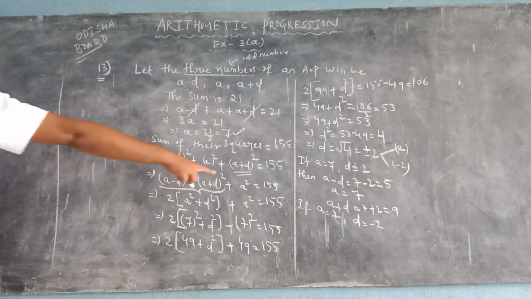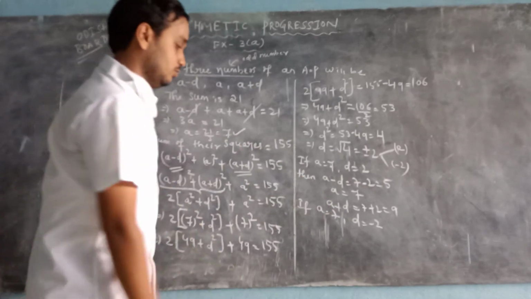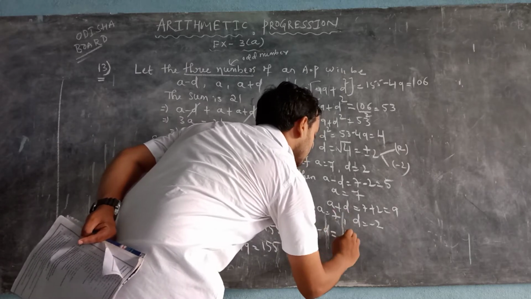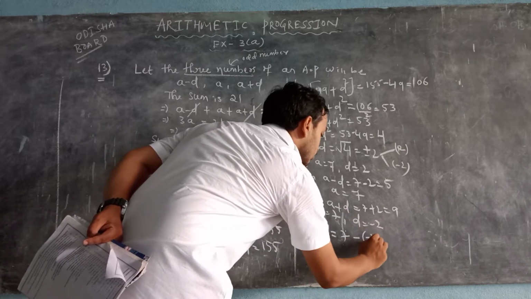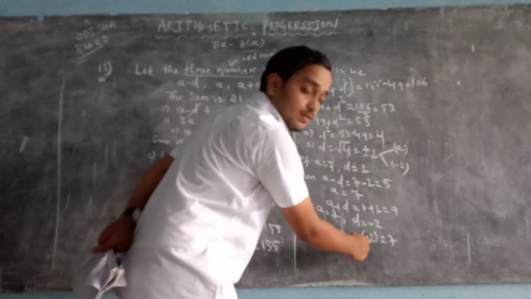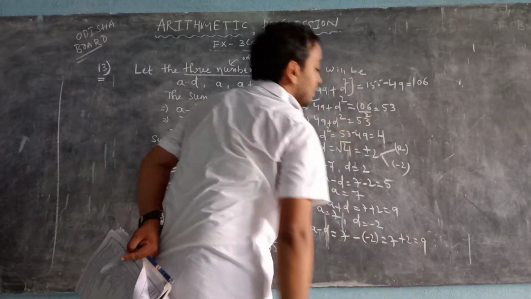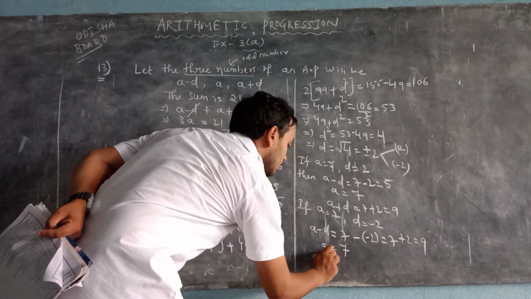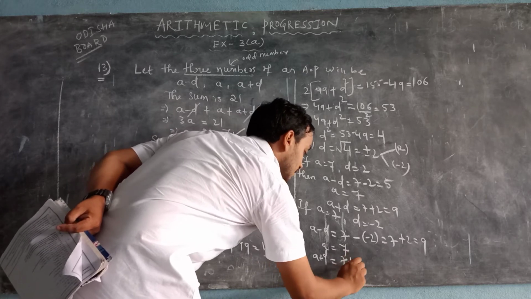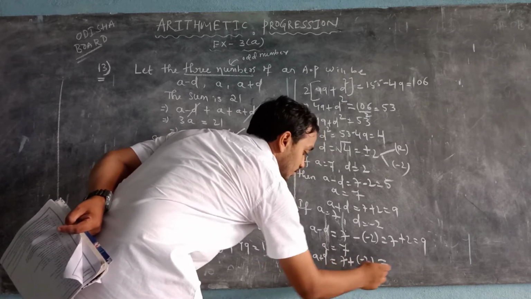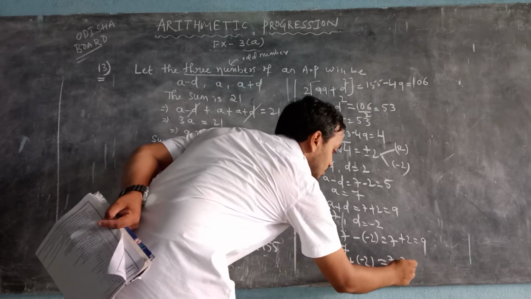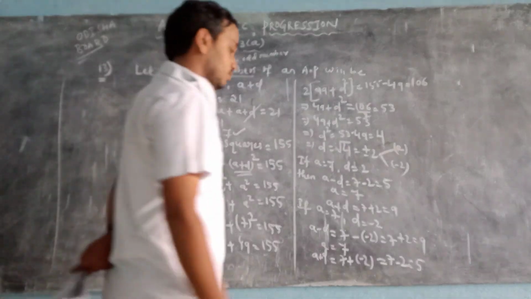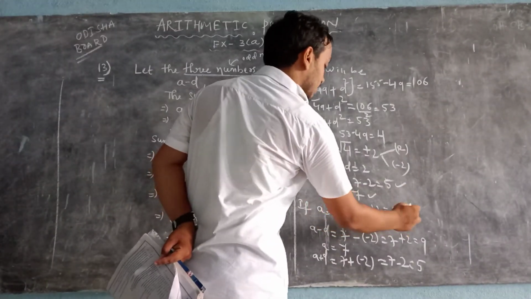If a is equal to 7, d is equal to minus 2, what are they? a minus d is equal to what? a is equal to 7, minus d is equal to minus 2, that means 7 minus minus 2, that is 9. 7 plus minus 2, that is 5. Understand my point? This is 5, 7, 9.